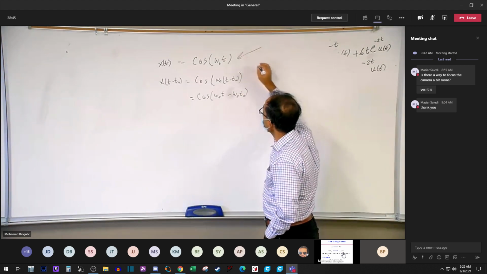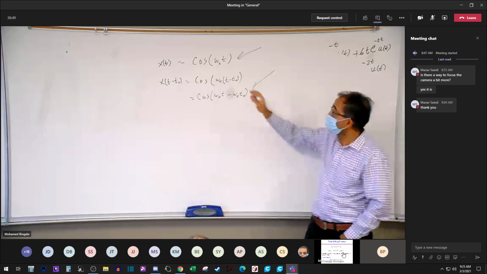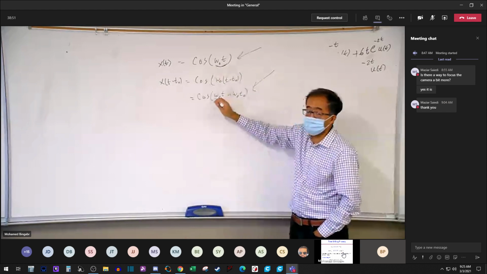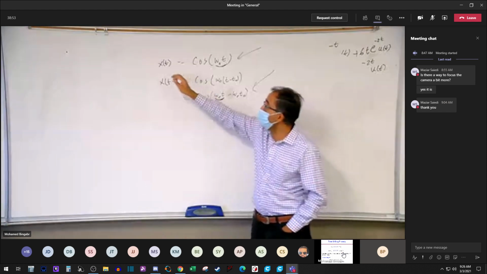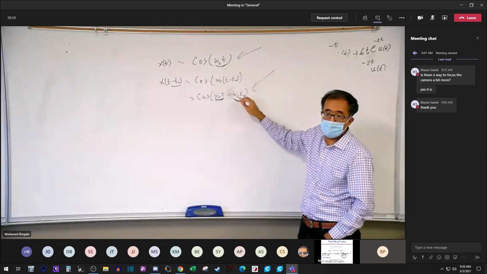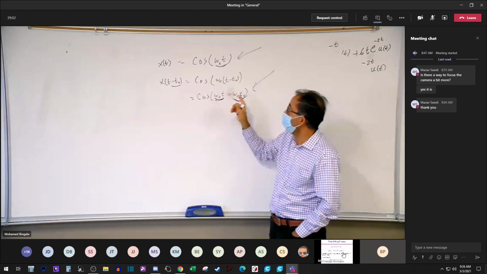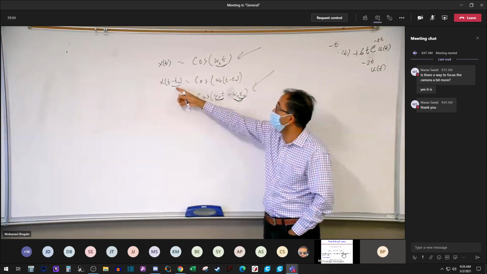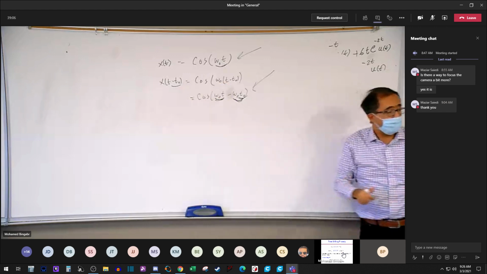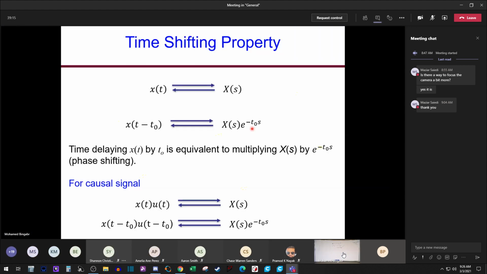Now, when I compare these, and I think of it in the frequency domain, the amplitude is still the same. So how did this delay impact this signal? It phase shifted it. We always call this the phase shift of the signal. So a phase shift in the frequency domain, when you think of it in the time domain, is just a delay. And that's what this e to the minus t0 s is. Basically, it is phase shifted by t0.